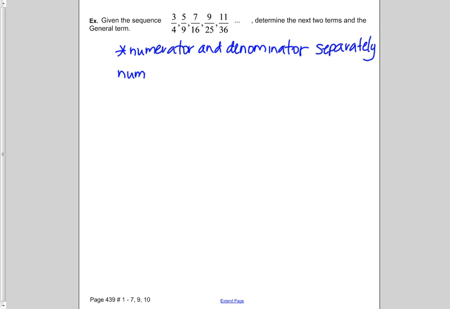So my numerator is going up by 2's. And the initial value is 3. So I can come up with a pattern for the top, and my next two terms, therefore, would be 13 over something and 15 over something.